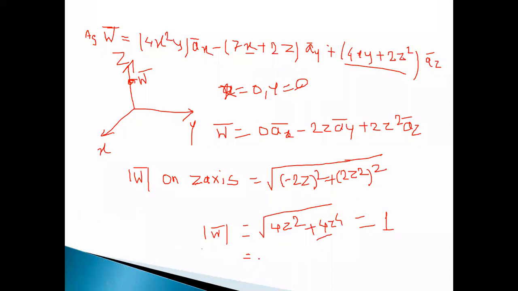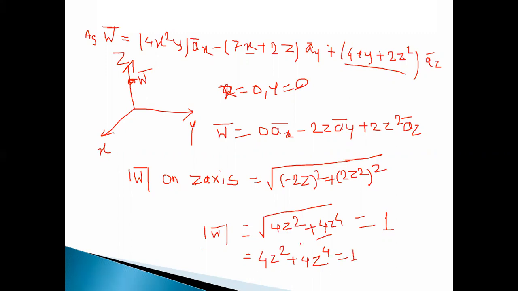So we can write simply 4z squared plus 4z raised to 4, and if we take its square also, then it is equal to 1.